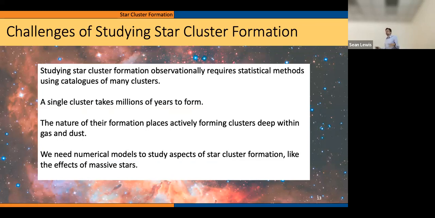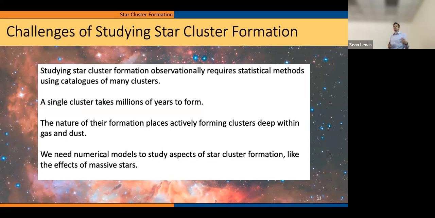So observationalists will rely on statistical methods, looking at many different star clusters of similar masses, at similar points in their evolution, to make inferences about the star cluster formation process.